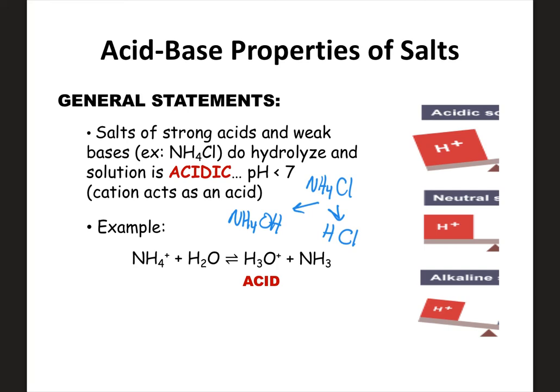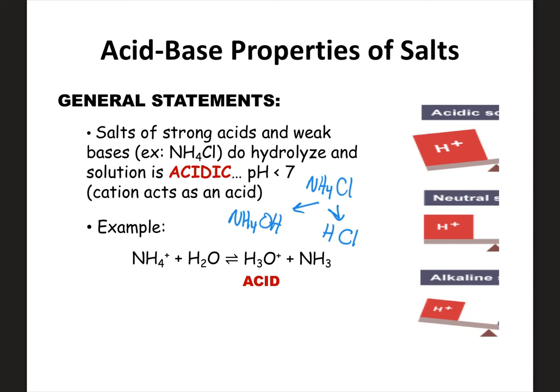In this example, we took the NH4+ and reacted it with water. It's in equilibrium, and we form H+. H3O+ essentially is H+. So the NH4+ gives up a hydrogen to the water, forming your acid plus NH3.